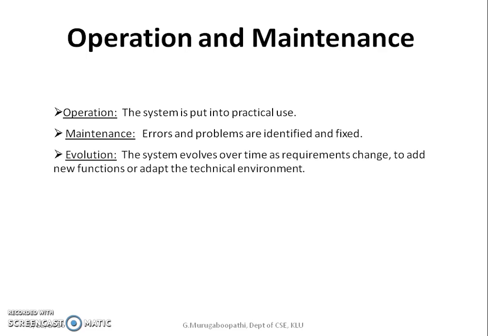The system evolves over time as requirements change, to add new functions or adapt to the technical environment. The last one is phase out. The system is withdrawn from service.